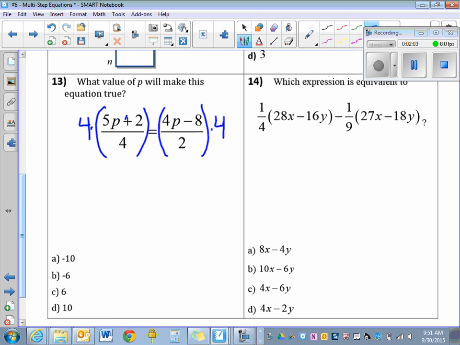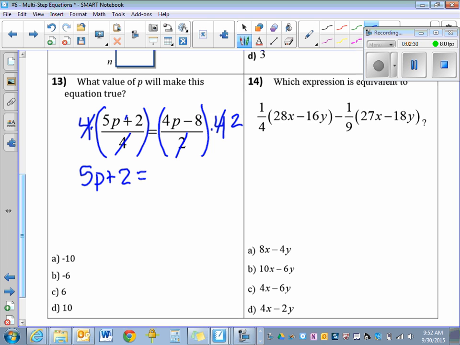Now here we have our 4's cancel out because 4 divided by 4 is just 1. Over here, what is 4 divided by 2 reduced down to? 2. So this is 2, and that's just 1. So we have then 5p plus 2 equals, now notice I'm still multiplying the entire top by 2.